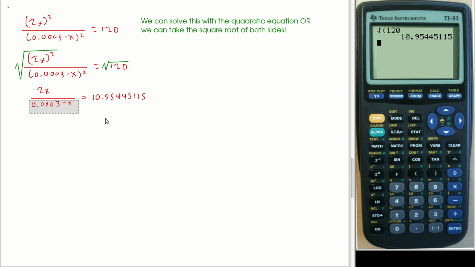So I'm going to multiply both sides by 0.0003 minus x. So I'll get 2x is equal to 10.95445115 times 0.0003 minus x.